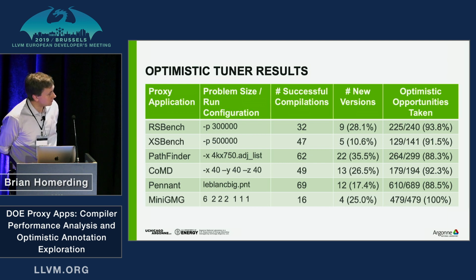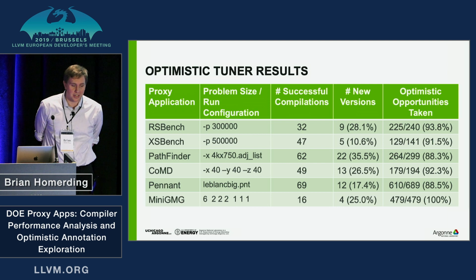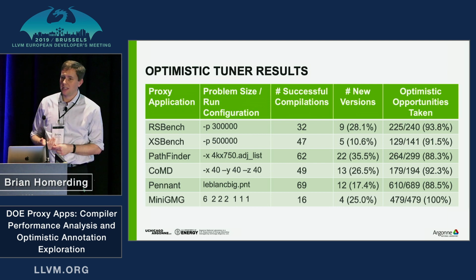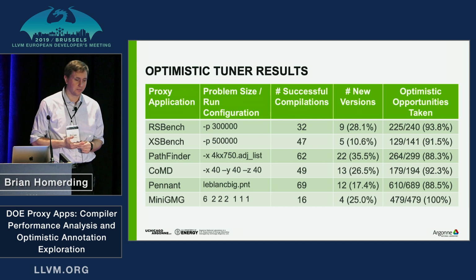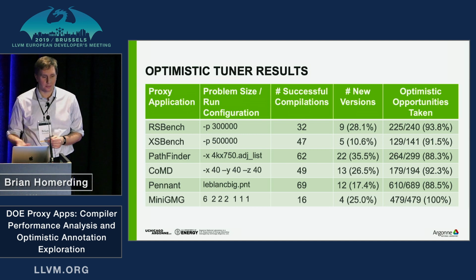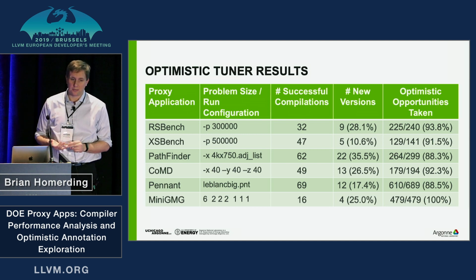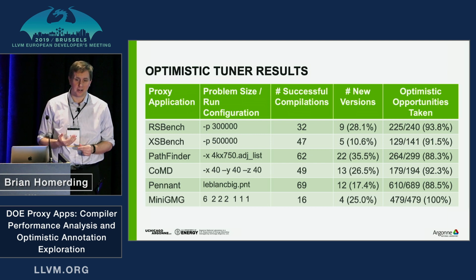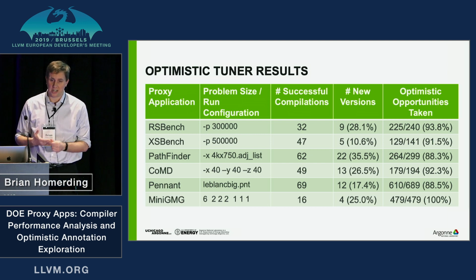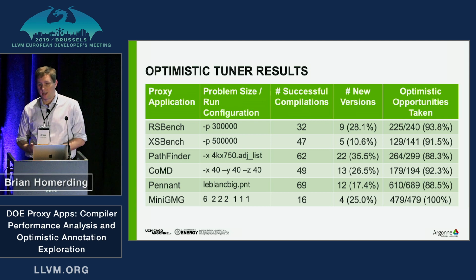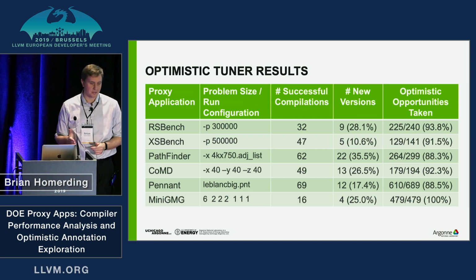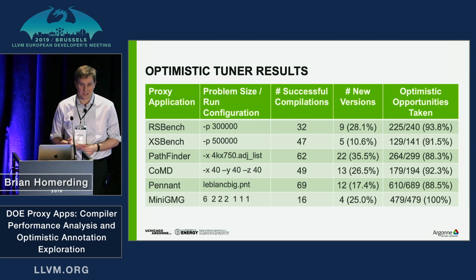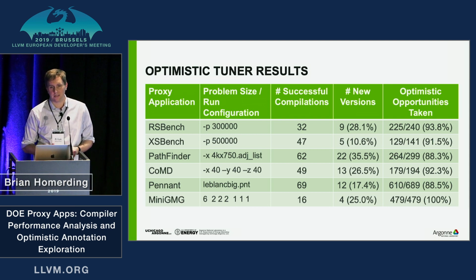So here, what you can see, the successful compilations refers to the number of times that we added information and compiled and verified successfully. Out of that, there's a subset which we're calling new versions, which are the times that we compiled and verified successfully after adding information, but it changed the executable from a bit comparison. As you can see, it's somewhere between 10 and 35% of the time we're getting a new version out of these.